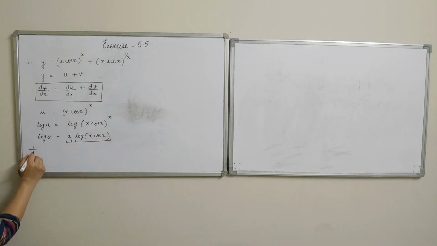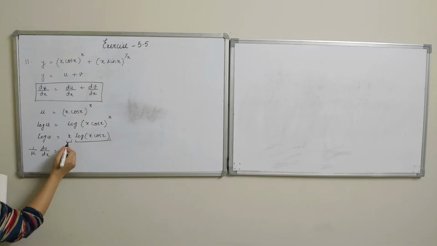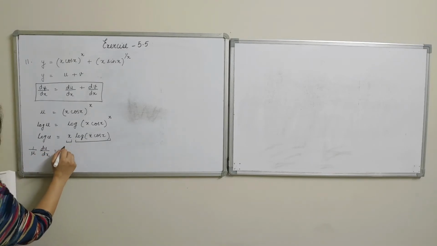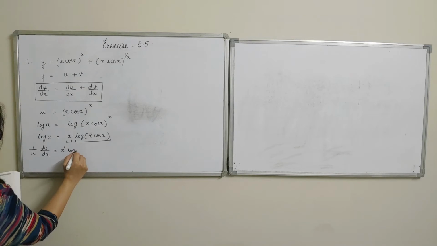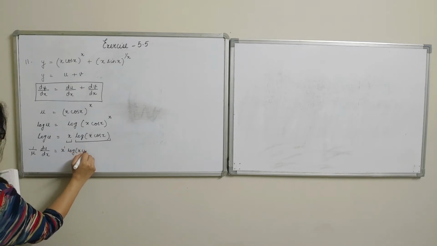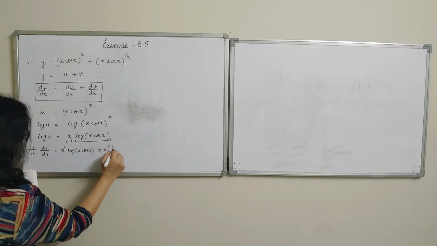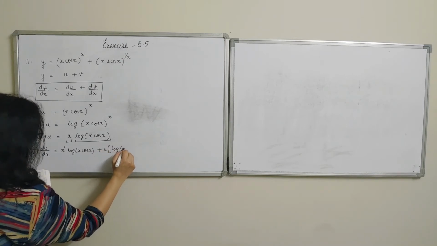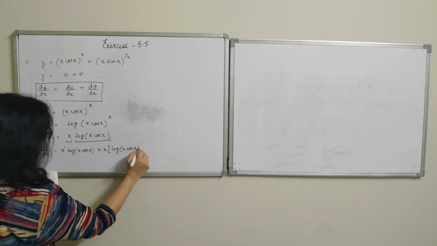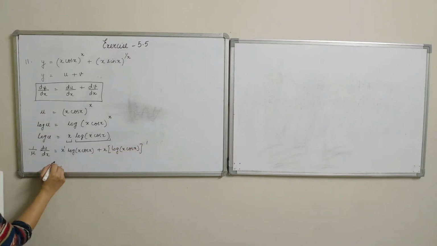So differentiating with respect to x, here derivative of x into log x cos x plus x into derivative of log x cos x. So the product rule.